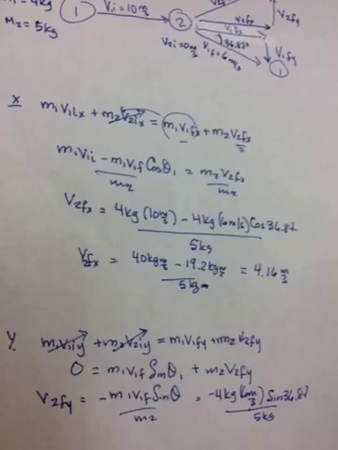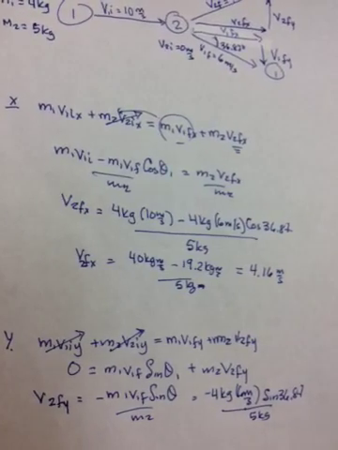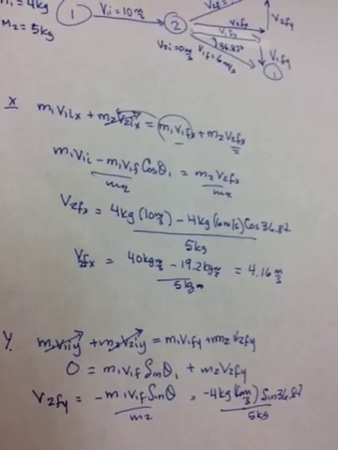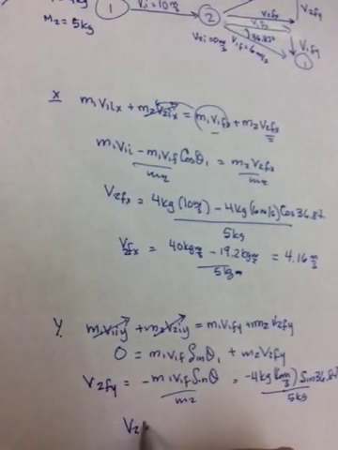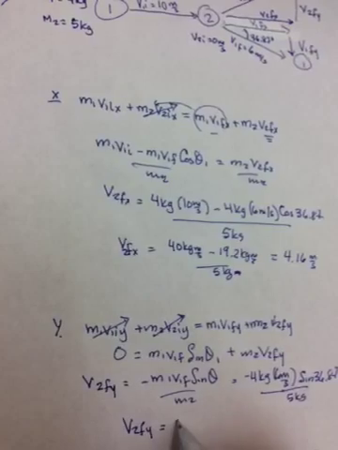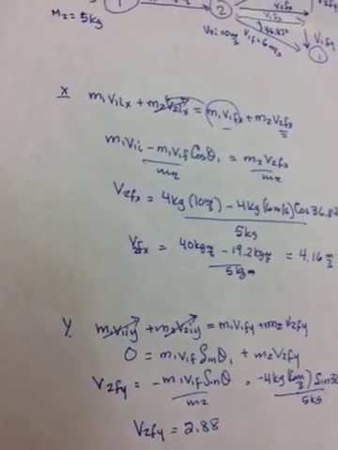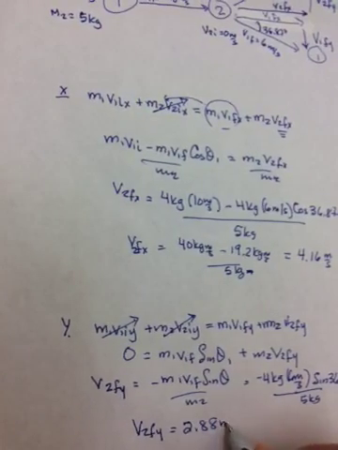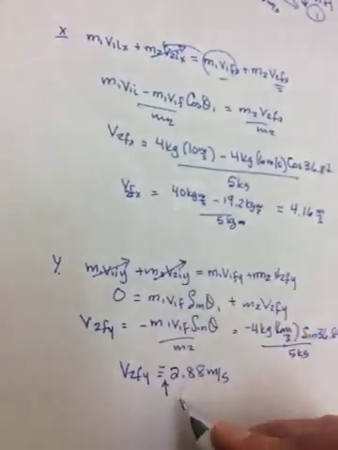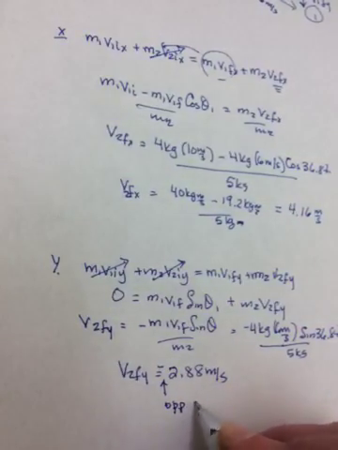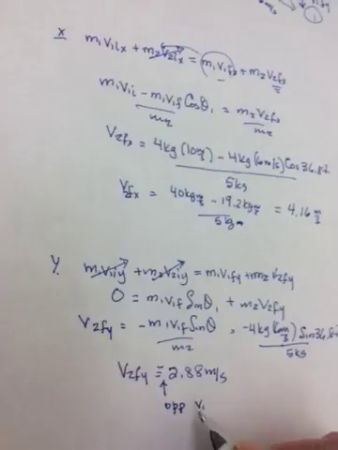So 4 times 6, 24. 24 times 0.6 is 14.4 divided by 5. You get a V2Fy of 2.88 meters per second. And it works out to be negative, which simply means opposite V1y.